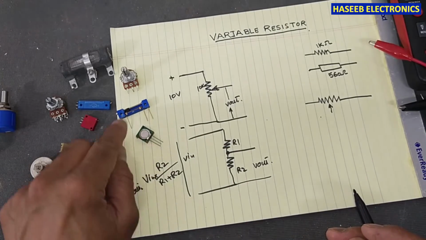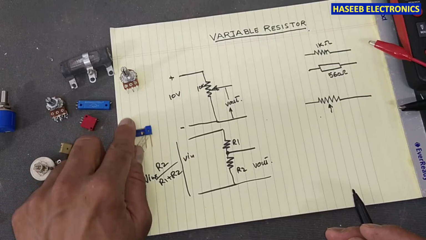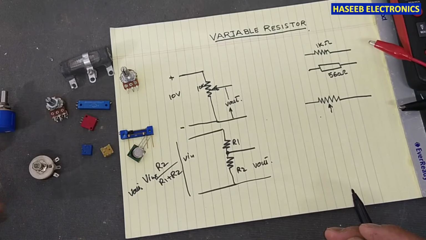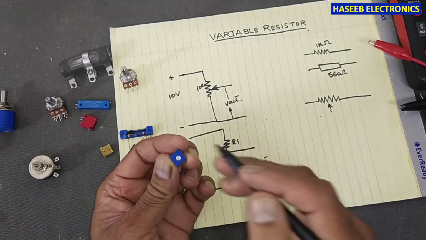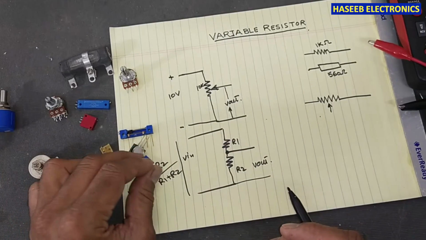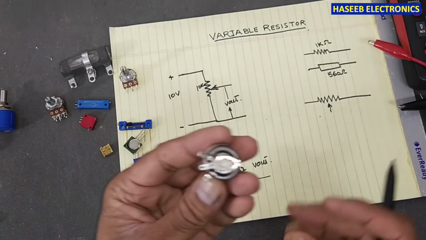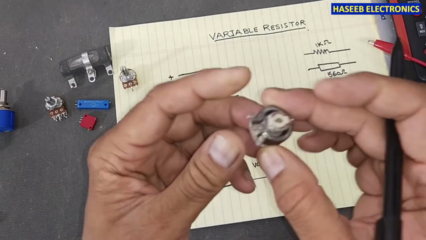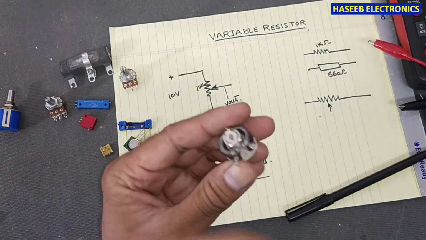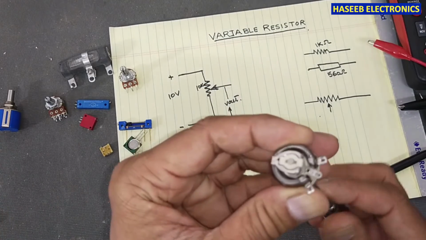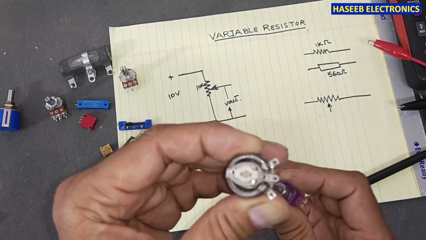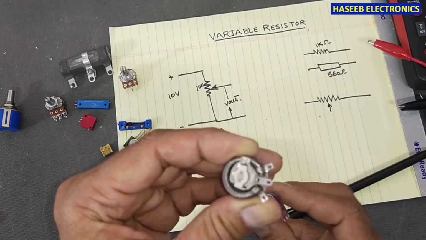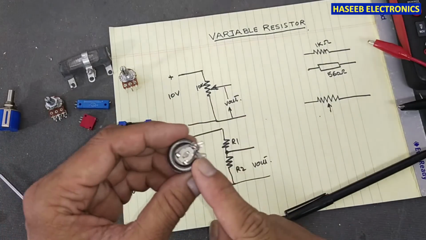So these are different types: multi-turn potentiometers, single turn potentiometers. Preset, it has one turn, but the working is the same. Similarly, this rheostat is also a potentiometer, but the difference between rheostat and potentiometer is that potentiometer is low power.